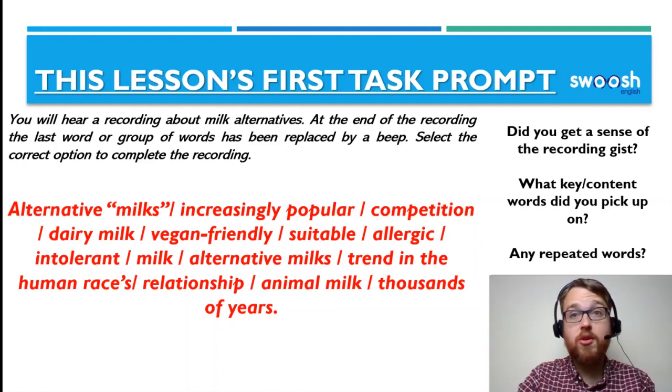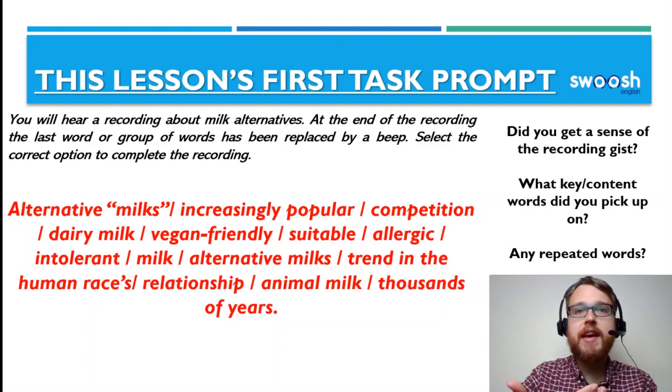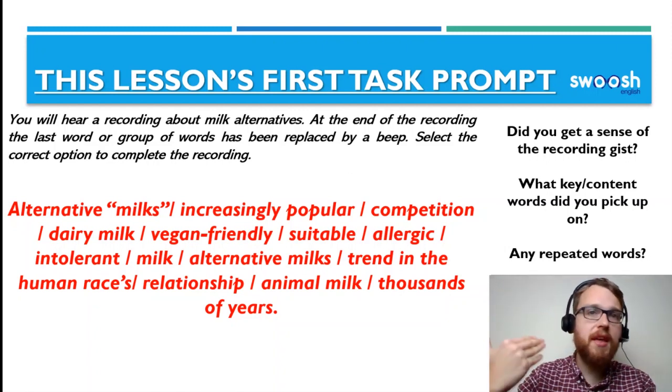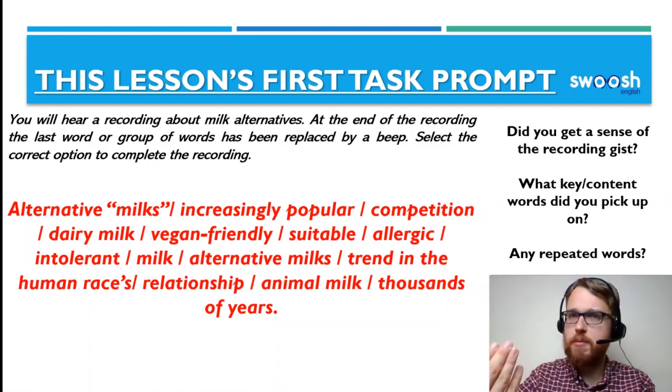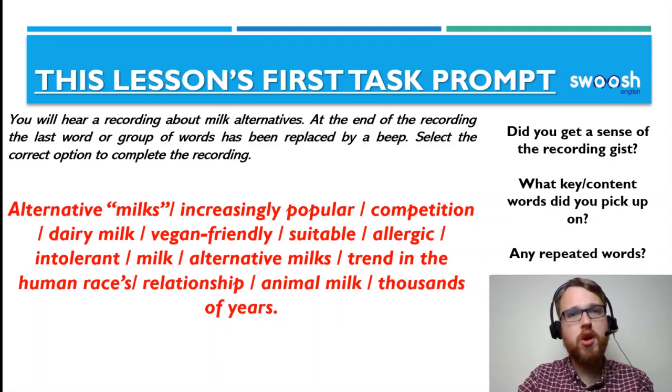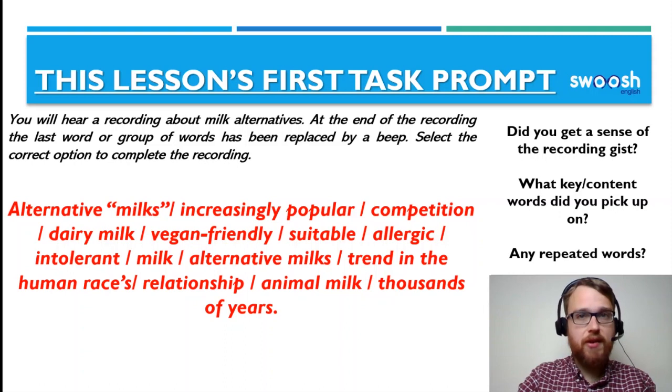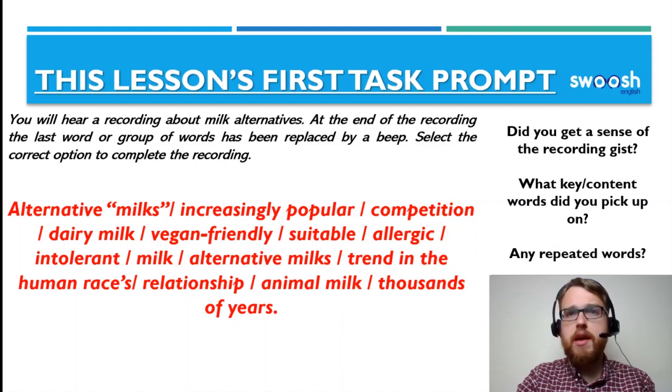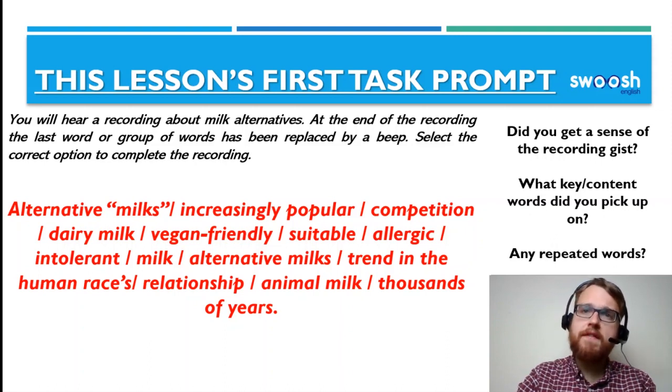That's the gist of the recording. What were the key content words that you picked up on? Well, we have dairy, vegan, relationship, thousands of years, increasingly popular. What words were repeated? Well, milk was repeated many times. Alternative milk, dairy milk, alternative milks twice, animal milk as well. So why were these words repeated and what meaning can you take from that?